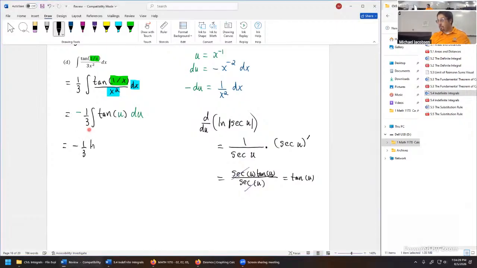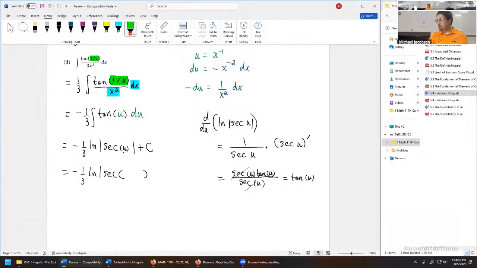This becomes negative 1/3 natural log absolute value of secant u plus a constant. And we know the derivative of natural log secant u miraculously came out as a tangent u, so we're on the right track with that. Then the last step is to write this as -1/3 natural log absolute value of secant.